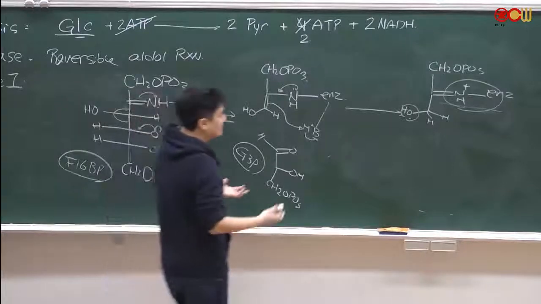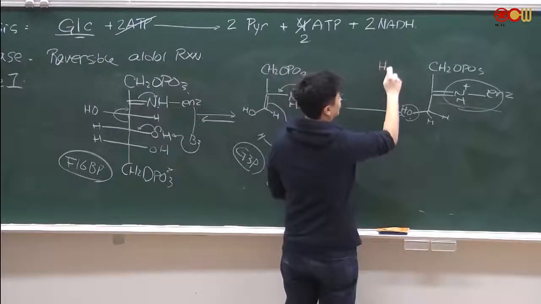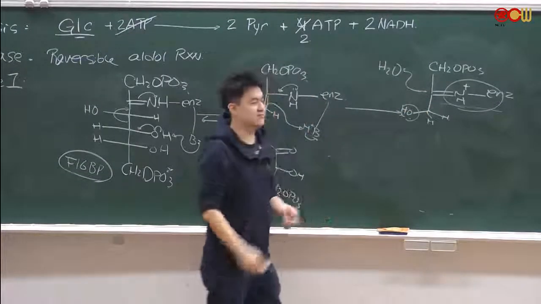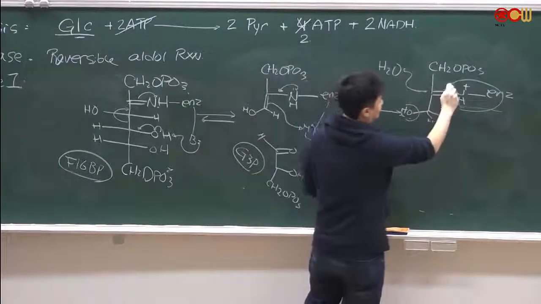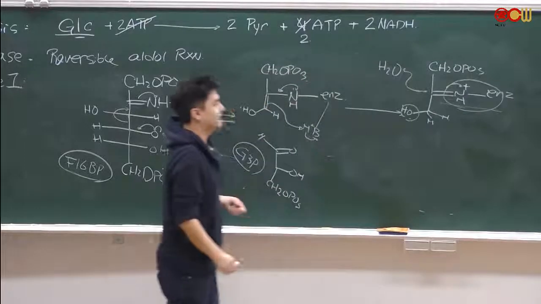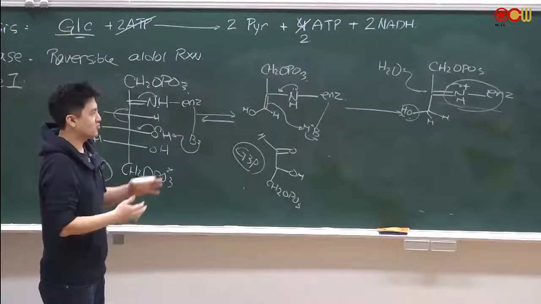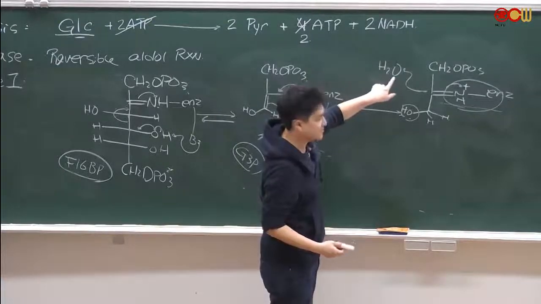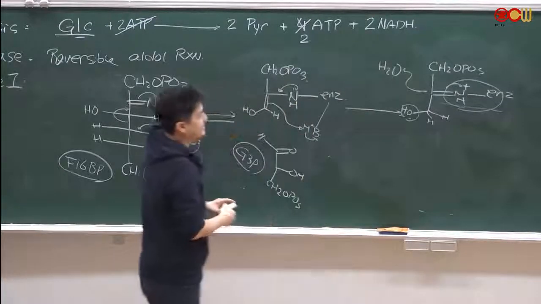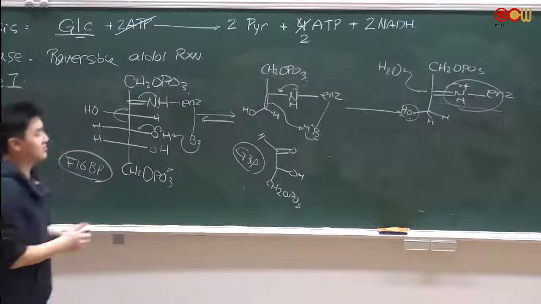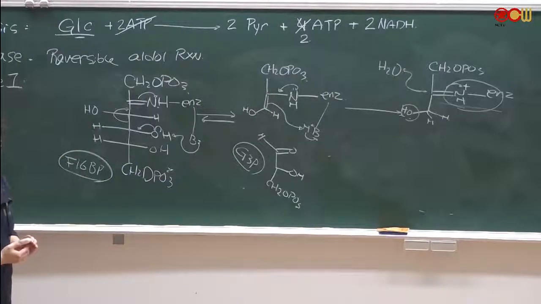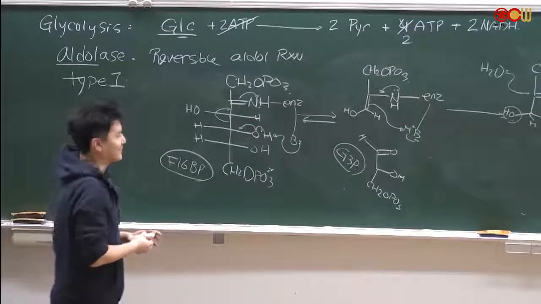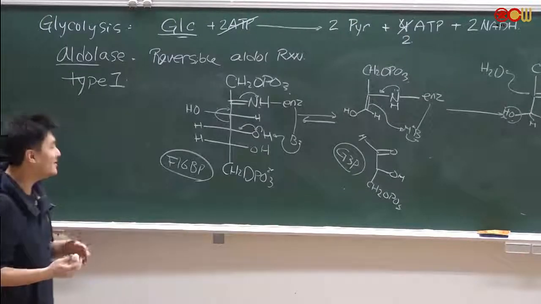You have a water somewhere, and water can attack this, and then the bond can go here, and then gradually you deprotonate the protons on the oxygen, and then you will be able to kick out your nitrogen.